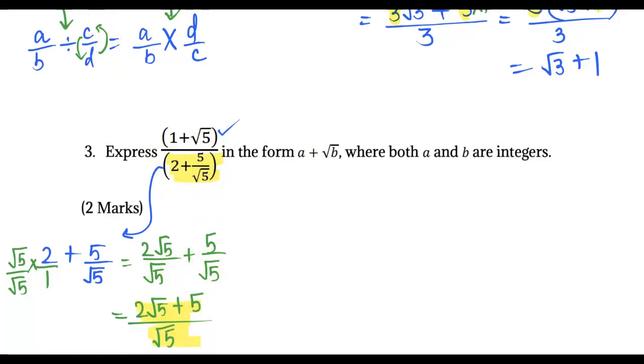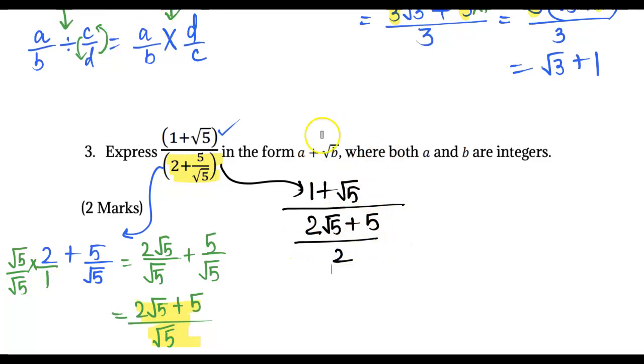So what I did, I just converted the bottom into this form. Now let's start solving the question. The top number, just keep the top number. The top number is 1 plus root 5. It is getting divided by 2 root 5 plus 5 over root 5. Sorry about that.